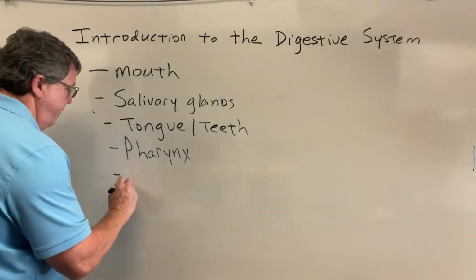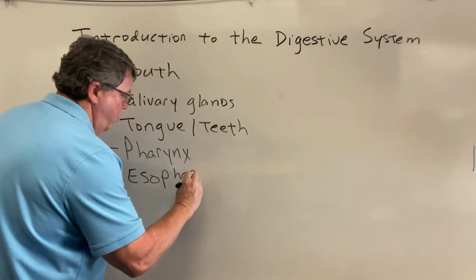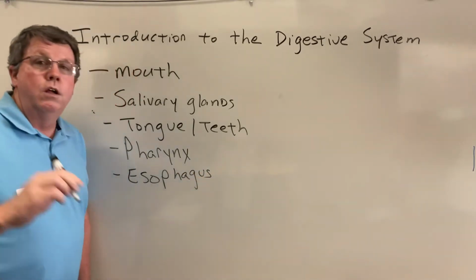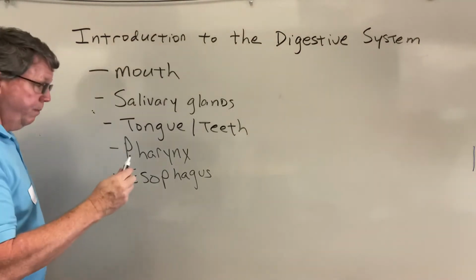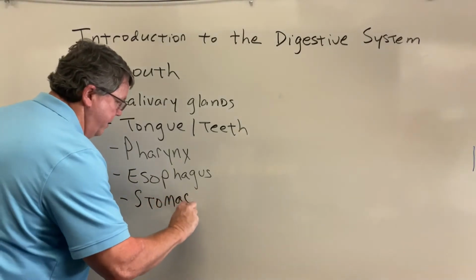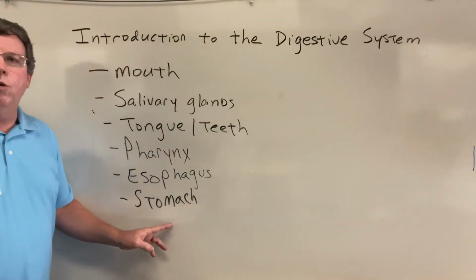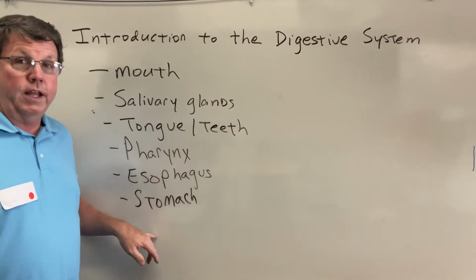Then from there, we have the esophagus. The esophagus is a tube that brings food from the pharynx to the stomach. So let's put the stomach on here. I think everybody knows the stomach contains acid, so it can kill microbes, and it's going to continue to break down food.